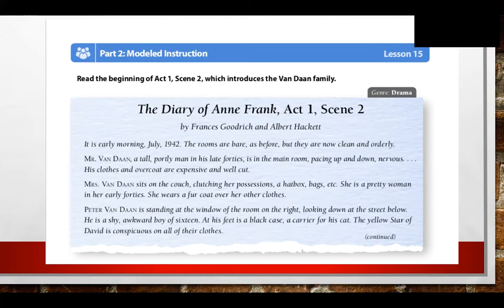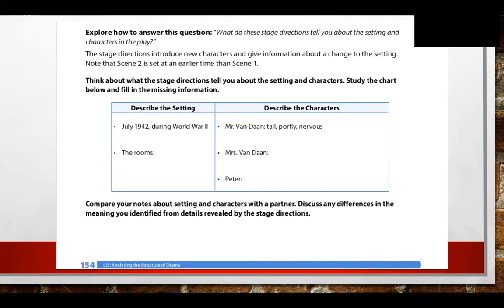He is carrying his cat, and if you know what the yellow Star of David is, then you know that he is Jewish and that his family is Jewish, because it says that it's conspicuous on all of their clothes. All right. Can't really compare your notes about setting and characters with the partner because you're probably isolated.